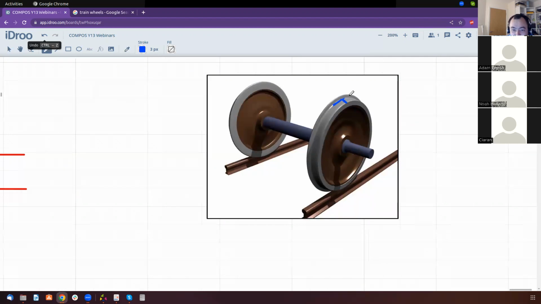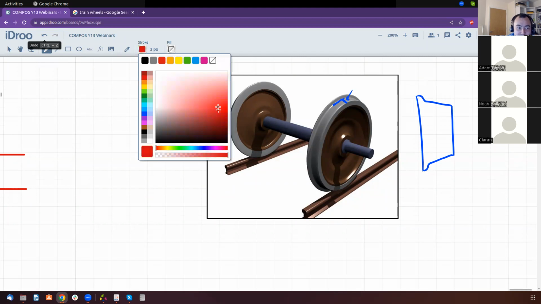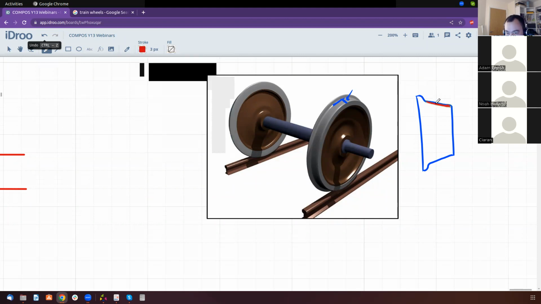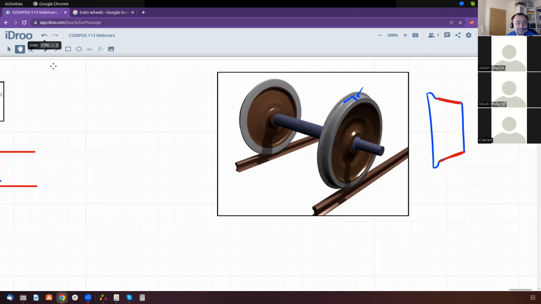If you look at the cross section, it looks like this. And it stays on the track because of that slant. I don't want to deny you the fun of figuring it out.